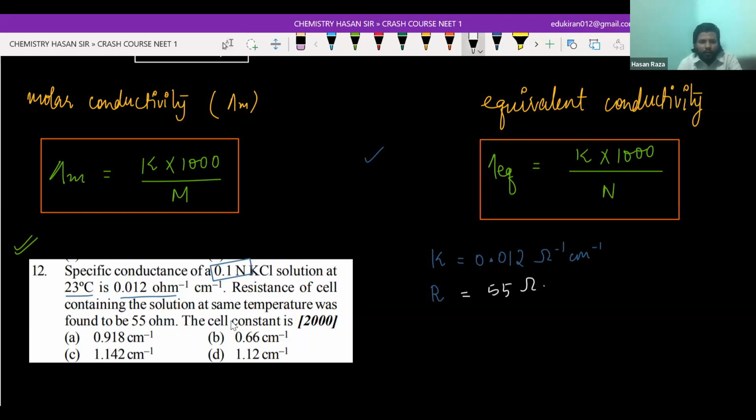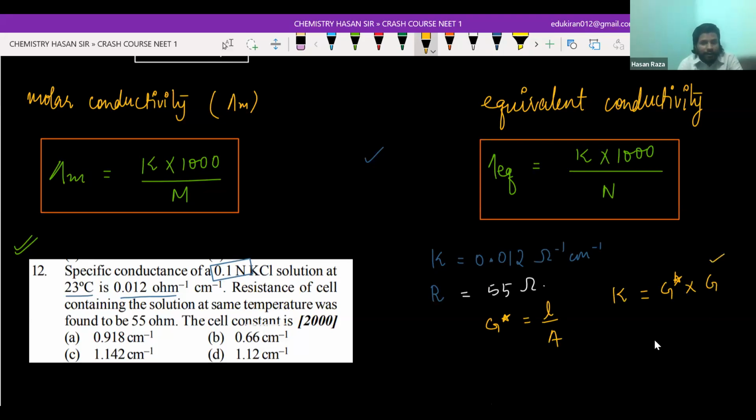Now we need to calculate the cell constant. The cell constant has a first formula, which is very easy: G star is equal to L by A. But we have another formula for this cell constant: kappa is equal to G star, the cell constant, into G, which is conductance.